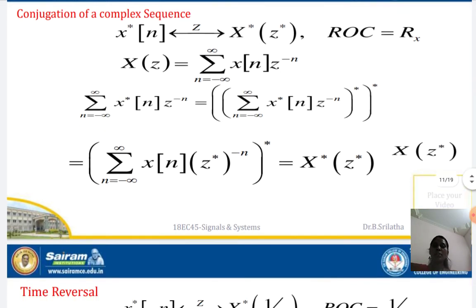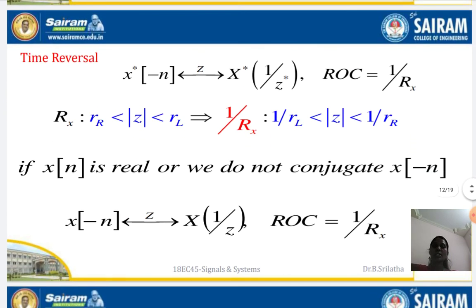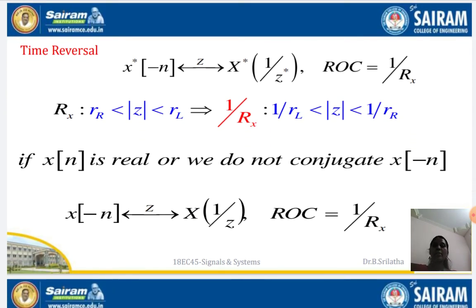Then we'll go to the next property. What is the next property? Time reversal. It states that the Z transform of x conjugate of minus n is X conjugate of 1 by z conjugate, and the region of convergence is 1 by R_X. This is the time reversal property statement.